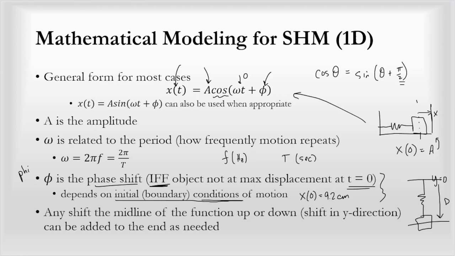For most intents and purposes, physicists like to keep this easy, and we will have no plus d on the end. We will define the equilibrium position here, and so we wouldn't have to take into account any d factor. Okay, so that is true for simple harmonic motion in 1D.